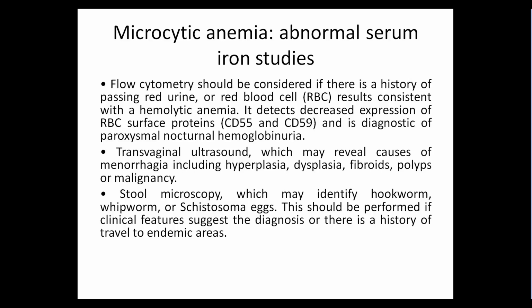Transvaginal ultrasound may reveal causes of hemorrhage, including hyperplasia, dysplasia, fibroids, polyps, or malignancy. Stool microscopy may identify hookworm, whipworm, or schistosoma. These should be performed if clinical features suggest the diagnosis or there is a history of travel to endemic areas.